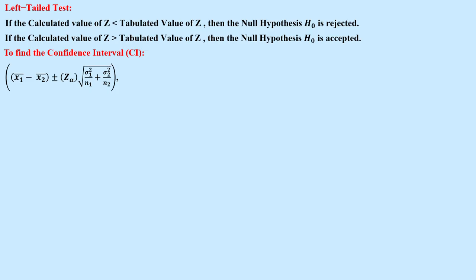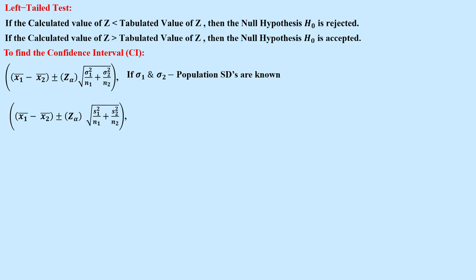The confidence interval formula is x1 bar minus x2 bar plus or minus z alpha into root of sigma 1 square by n1 plus sigma 2 square by n2, if you know sigma 1 and sigma 2. If you know s1 and s2, the formula will be the same, just replace sigma 1 and sigma 2 by s1 and s2: z alpha into root of s1 square by n1 plus s2 square by n2.